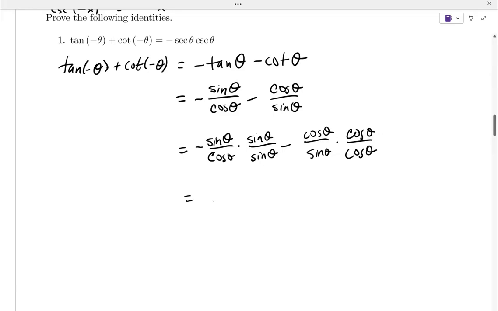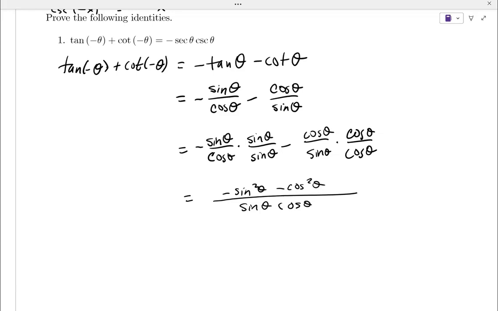So we did that to get common denominator of sine theta cosine theta, right? That is the common denominator now. What is your numerator? Good. Exactly right. So the first fraction has a minus sine squared theta, and the second one has a minus cosine squared theta, right?